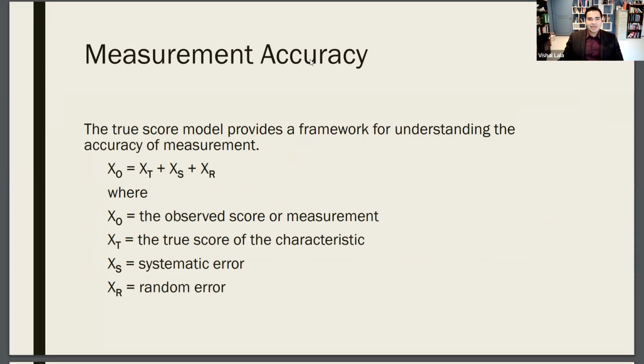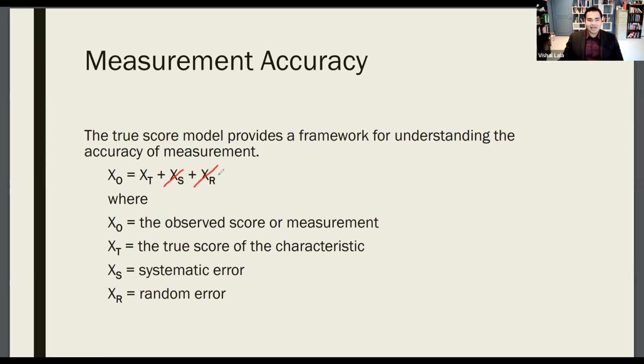We would know our scale is a good scale when the other 2 values, XS and XR, are 0. XR we know is a measure of random error due to lack of reliability, or unreliability, of the scale. And we're going to look at now XS, a measure of systematic error in our scales, and understand what that is.